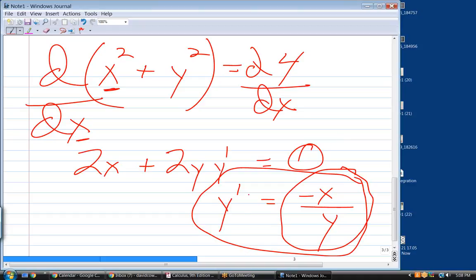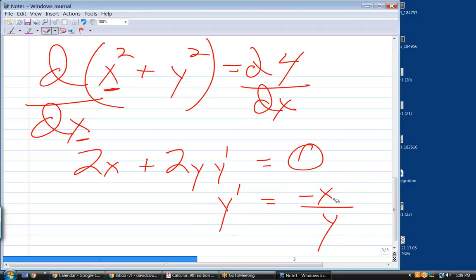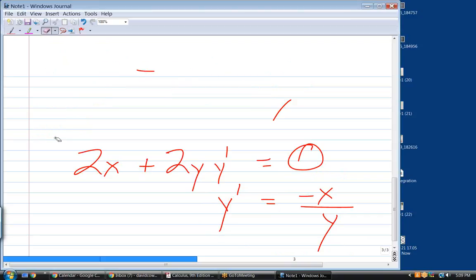I would not be able to evaluate y prime if you just told me the point was x equal 2. Well, I kind of could, because I could go up and plug it in here and figure out what y was equal to. But usually when they ask you to evaluate the first derivative at a point, they'll give you the x and the y coordinate, and you plug them both in. So that's implicit differentiation.